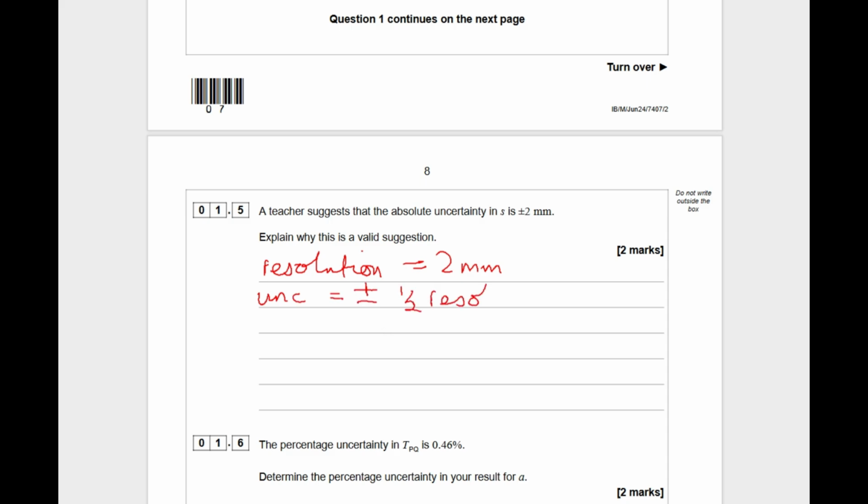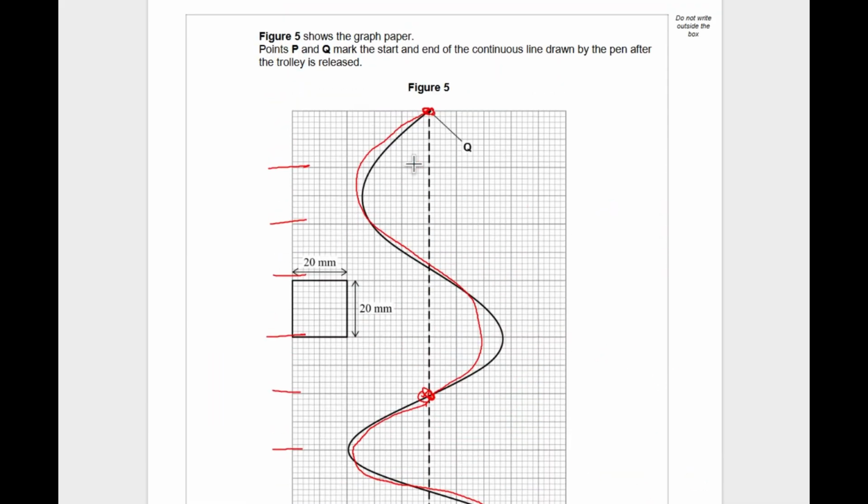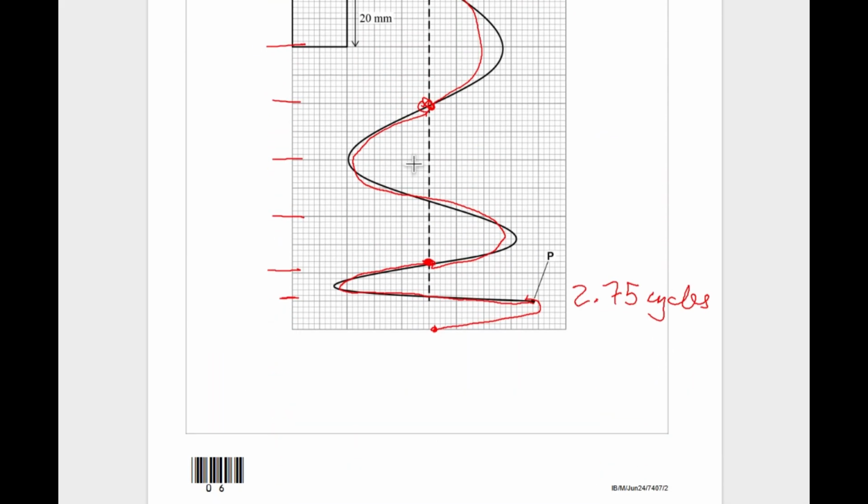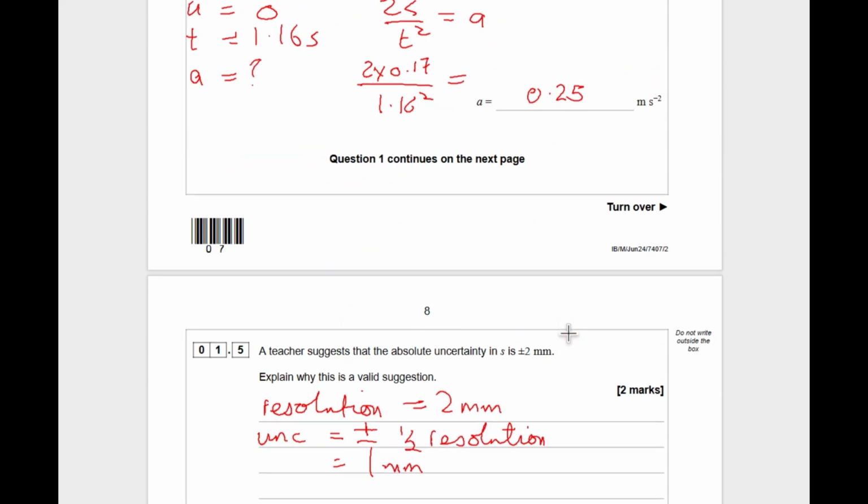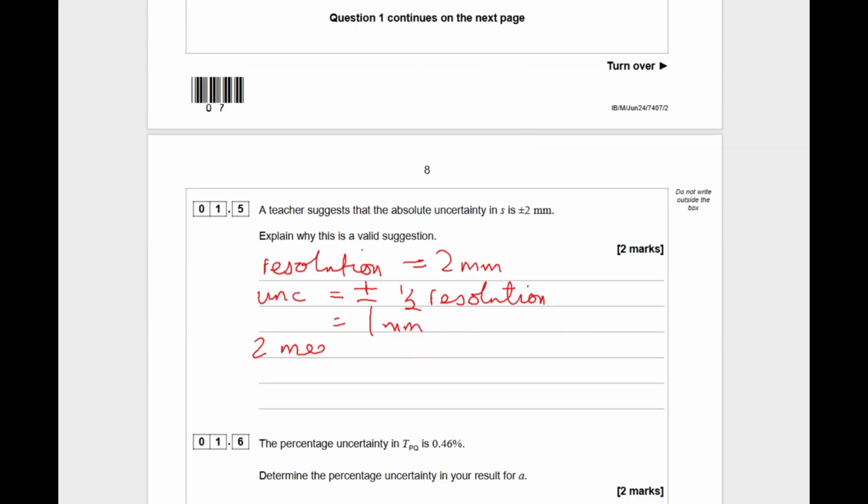So that should be 1 millimeter. But you've measured at the top here and you've measured here. So there's two measurements on the graph paper. So that means it's 2 times the uncertainty. Because obviously we made two measurements, two uncertainties have contributed to your value of S. So therefore it's 2 millimeters.